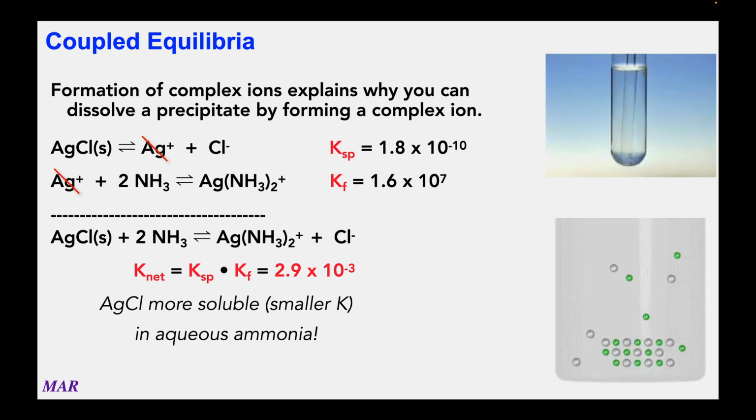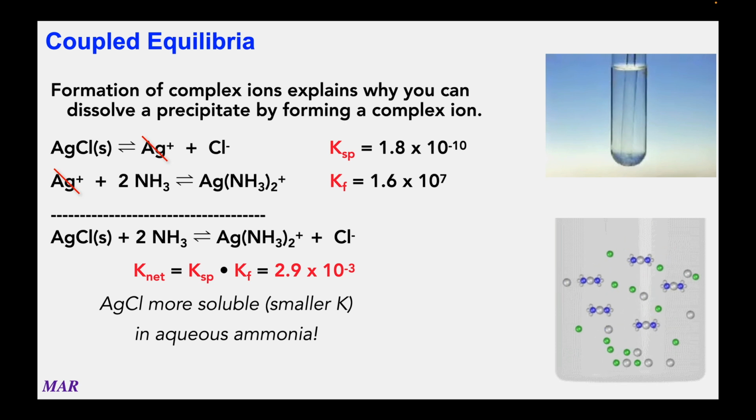When ammonia is added to a mixture of solid and aqueous silver chloride, the ammonia serves as a Lewis base. The complex ion formed consists of 2 ammonia molecules bound to each silver ion. Formation of the complex lowers the concentration of silver in solution, which changes the solubility equilibrium.